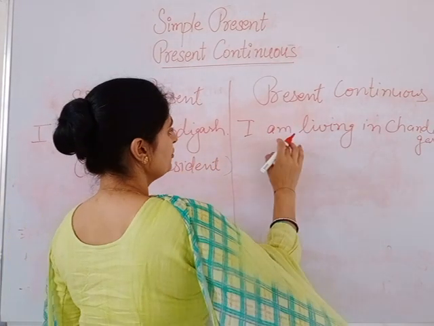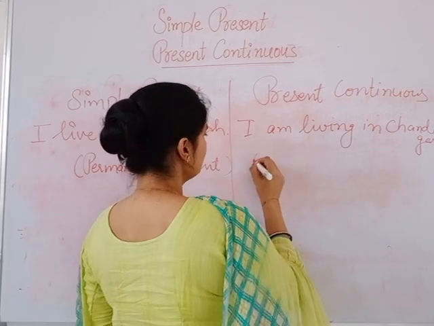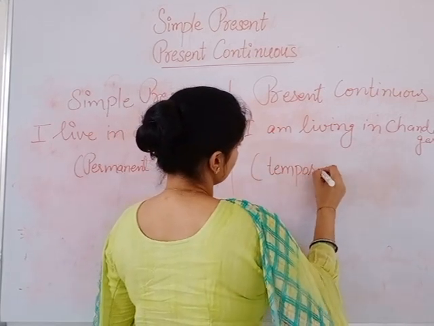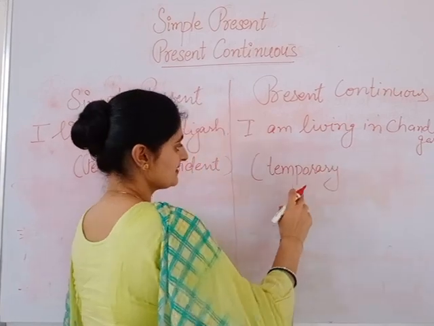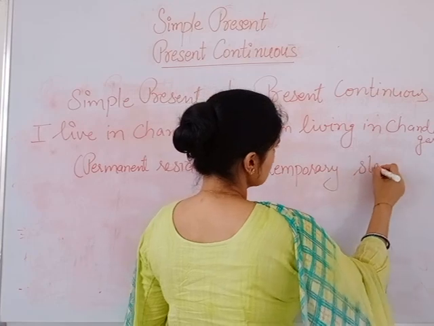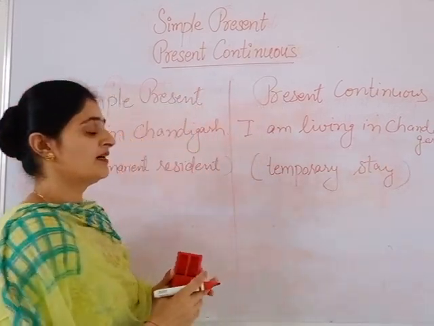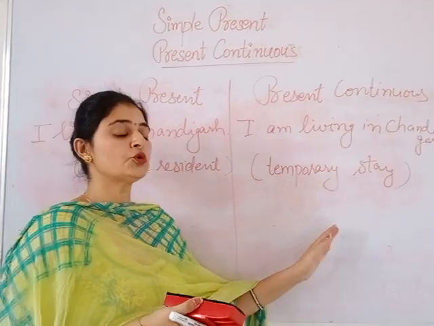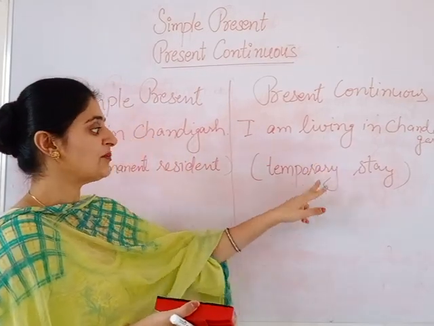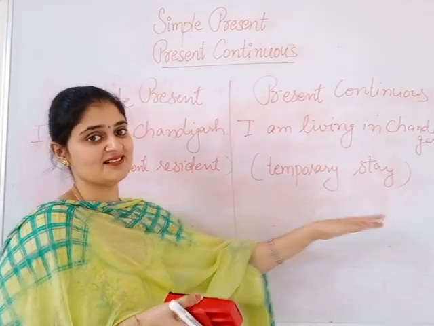And if you are saying I am living in Chandigarh, it denotes your temporary residence in Chandigarh. Okay, a temporary stay in Chandigarh. You can be in Chandigarh due to your project, due to your job. Mean to say you are not the permanent resident of Chandigarh.